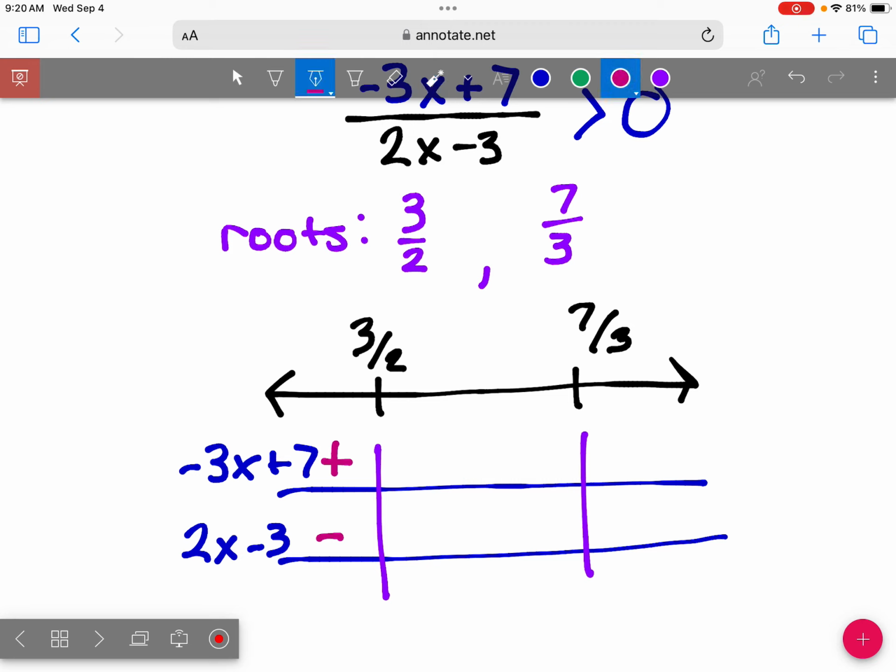Positive. All right, what is a number between 3 halves and 7/3? 2. Because this is about 1 1/2, this is 2 1/3. So 2 is right in between. Negative 3 times 2 plus 7 is 1, so it would be positive.